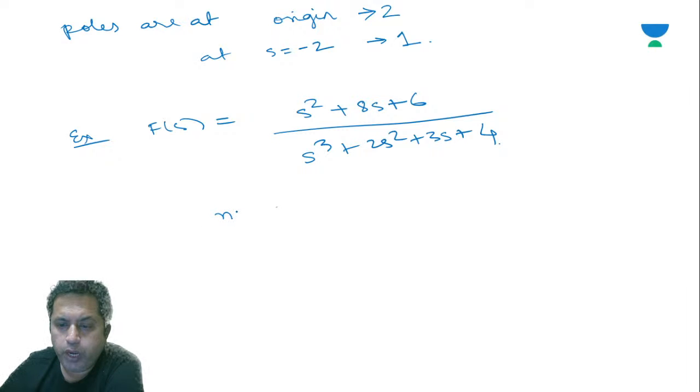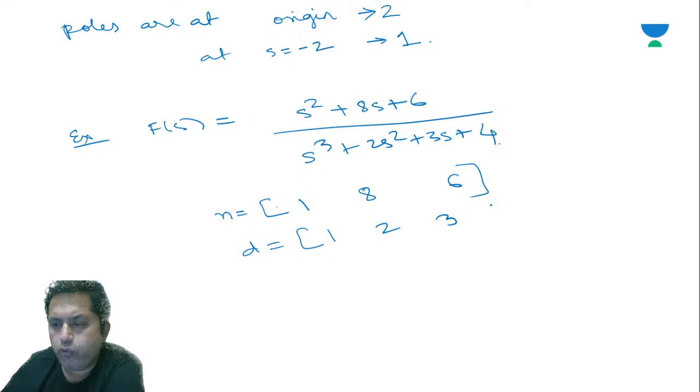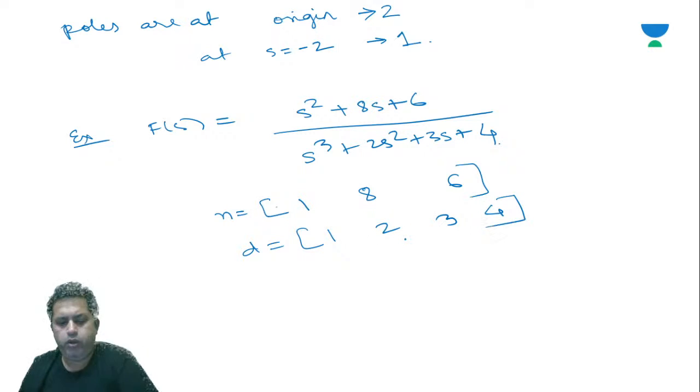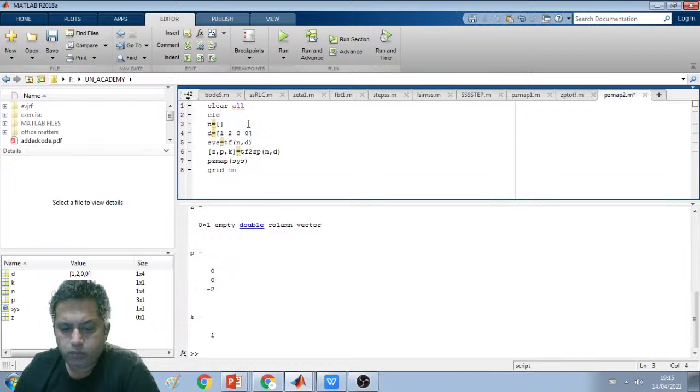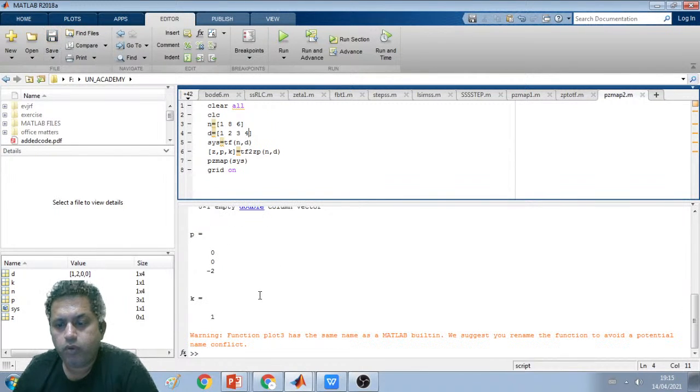So the numerator will be 1 8 6, and the denominator is 1 2 3 4.